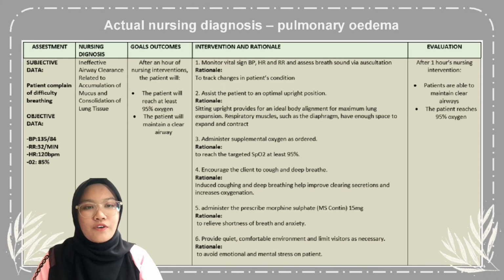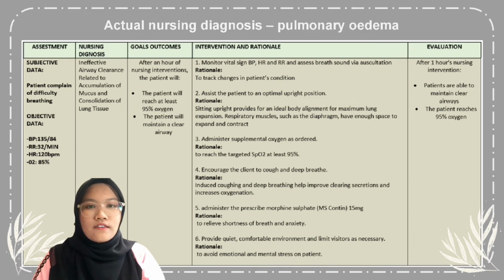Actual nursing diagnosis for pulmonary edema. Assessment, subjective data: patient complains of difficulty breathing. Objective data: blood pressure 135/84, respiratory rate 32 per minute, heart rate 120 bpm, oxygen 85%.